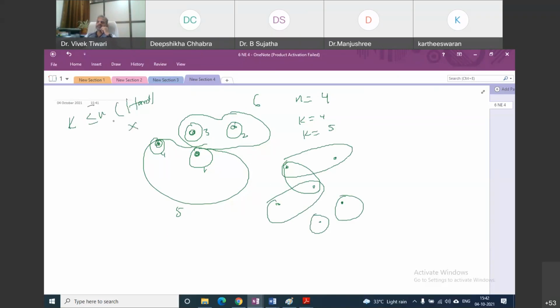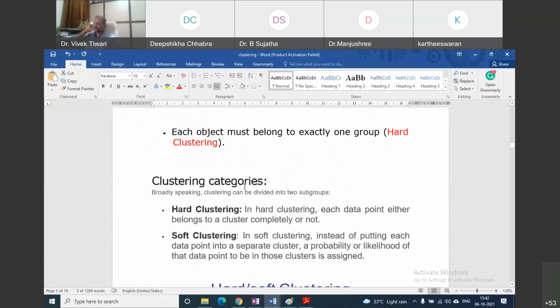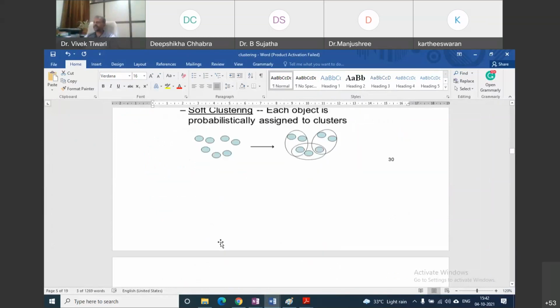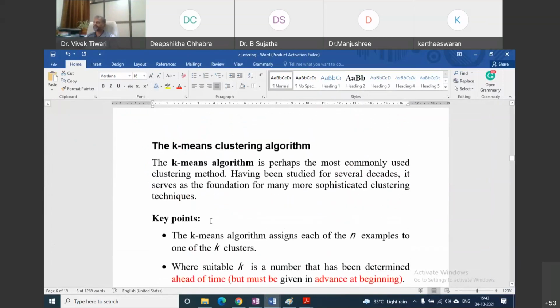If it is soft clustering, there is no rule. Okay, is it clear to everybody? Now it is clear. I'm just asking all the participants so that I can go ahead.